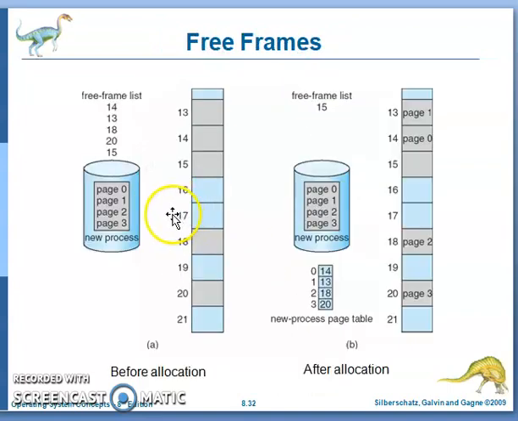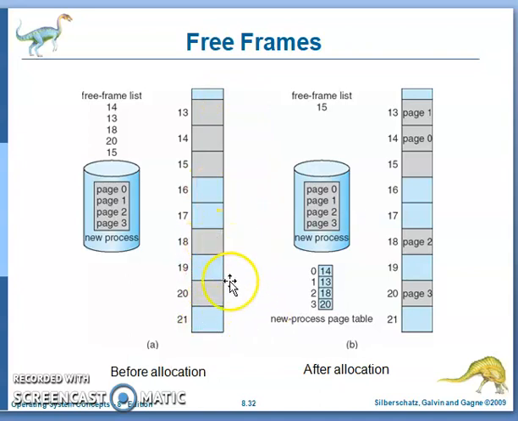Paging example: free frames. Now the free frame list. This is the new process, which has 4 pages, and the free frames are 13, 14, 15, 18 and 20. The remaining frames are occupied by different processes.